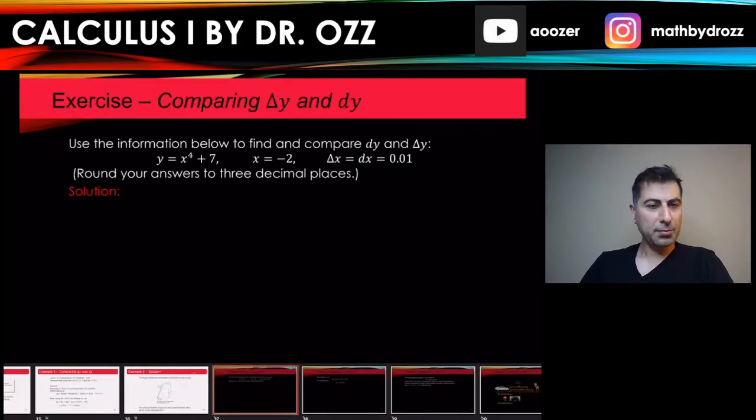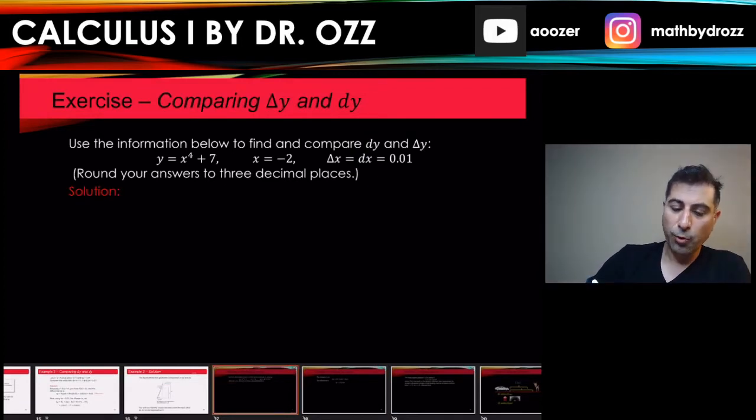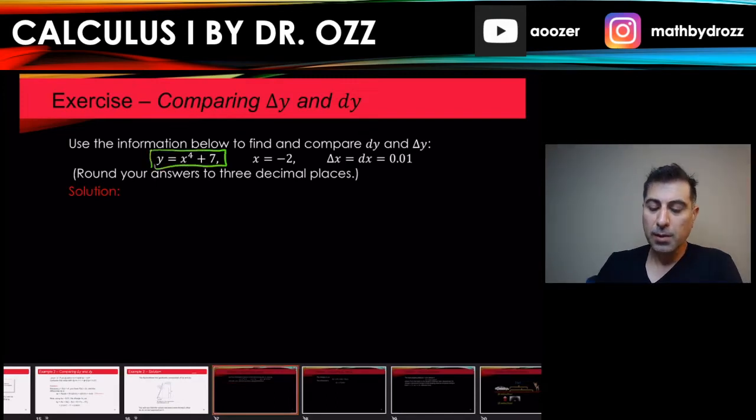Here's another example for you just to practice by yourself. You can pause the video and work through this problem. And this problem is very similar to what we have just covered for a different function essentially. So you have a fourth order polynomial.